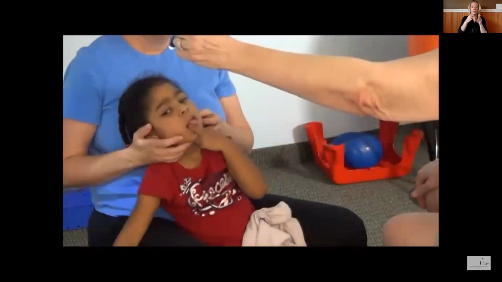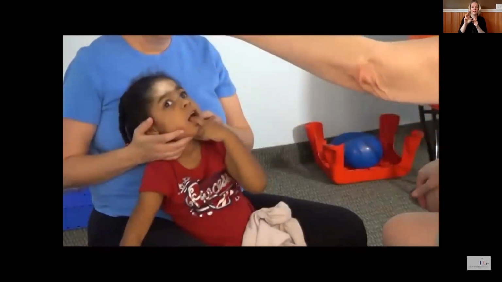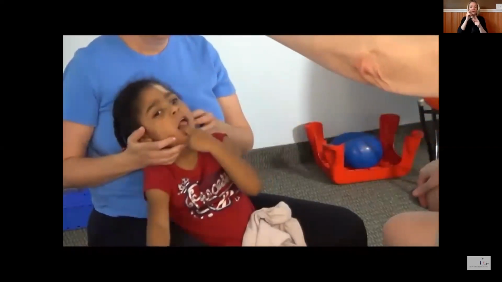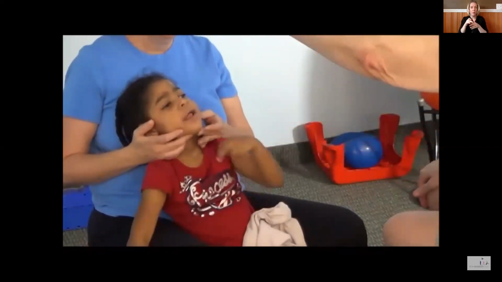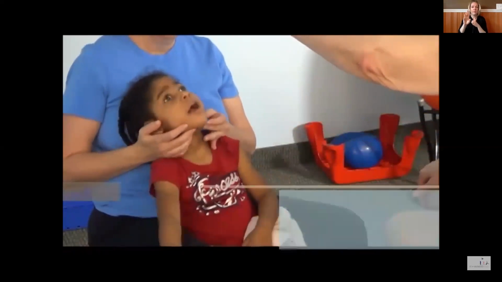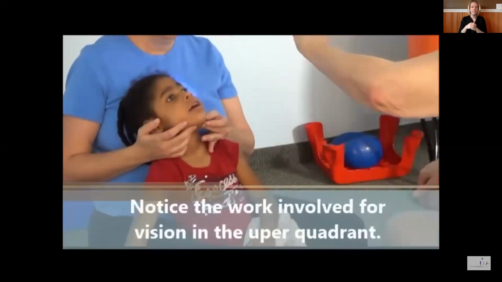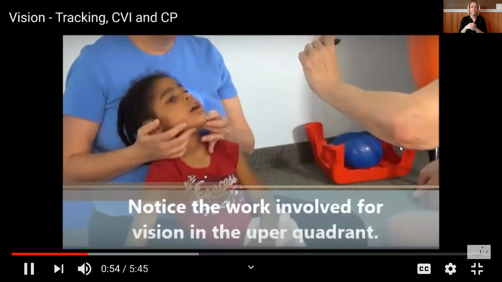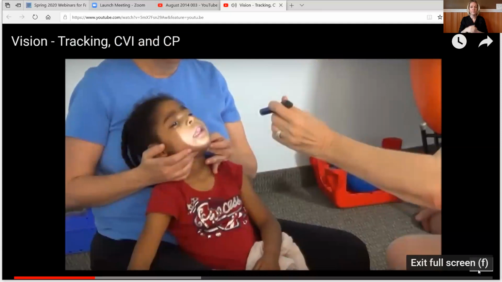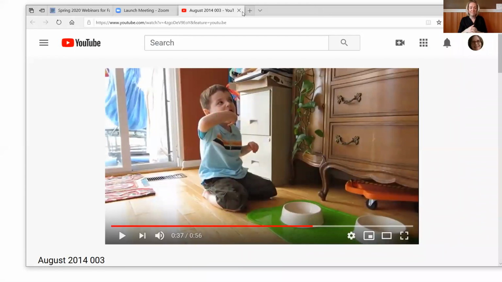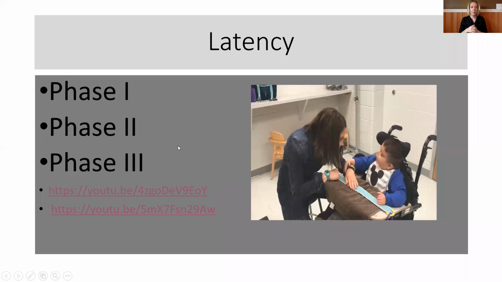They're thinking about visual fields and other things, but we can see the example of latency. All right, so those are our examples of latency.